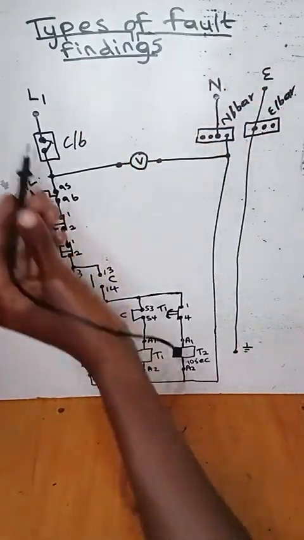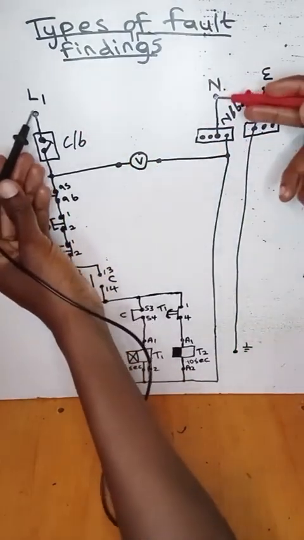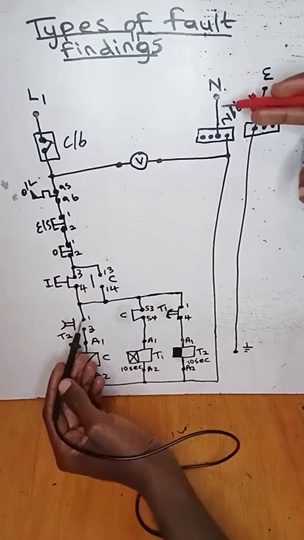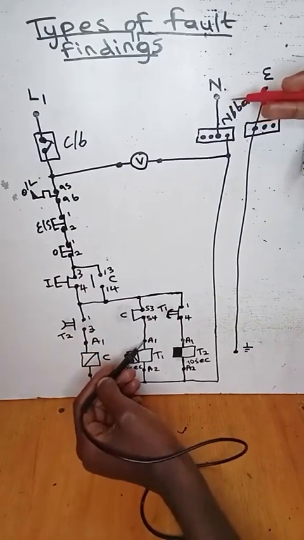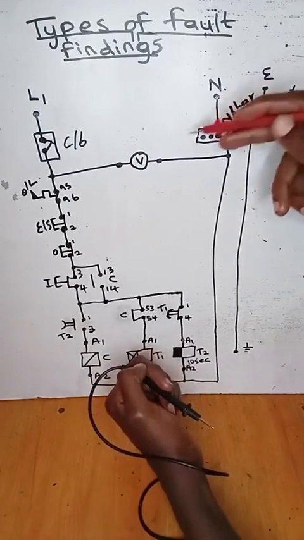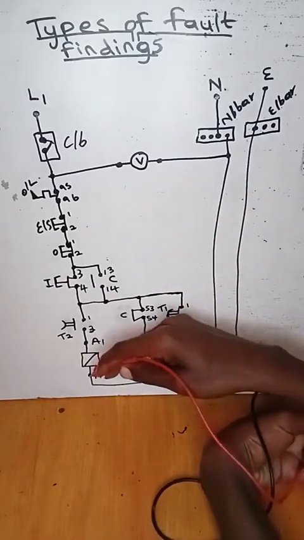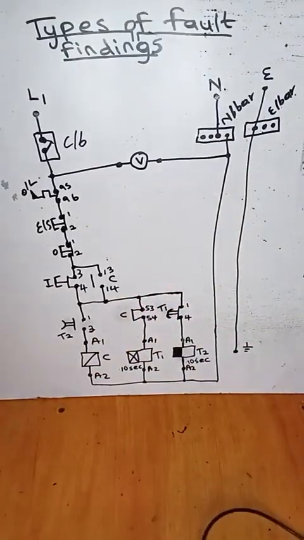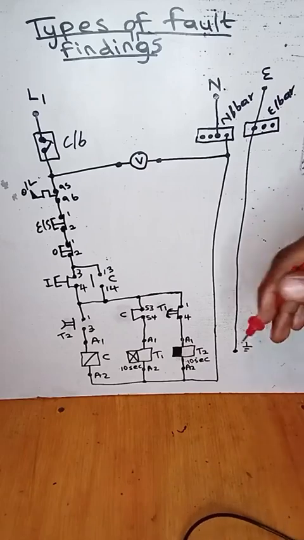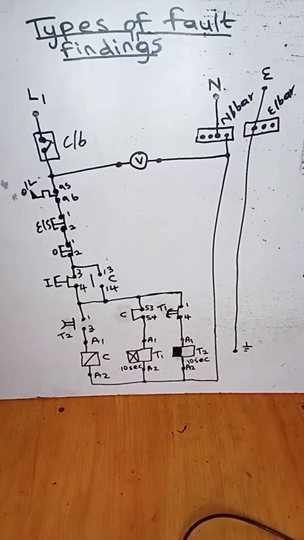So when I put my lead here and here, the same as I tested my live from here, here, here, here, and with neutral from here, here, here, here, and here, it shouldn't give us a reading, or it shouldn't beep, to show that the two wires are not connected to each other, right?